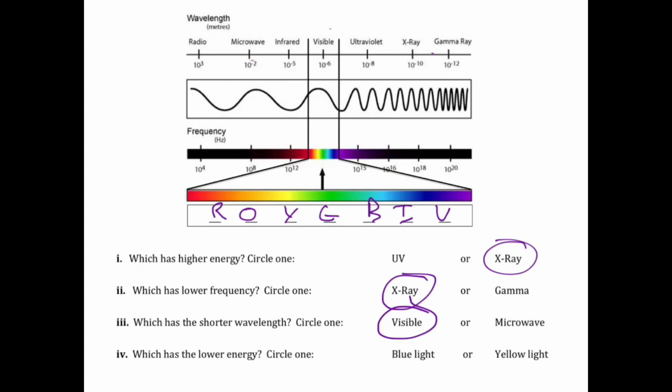And then which one has a lower energy between blue and yellow? Here's blue, here's yellow. Again, energy increases going to the right. And so that means that yellow is going to have a lower energy. Blue will have a higher energy.